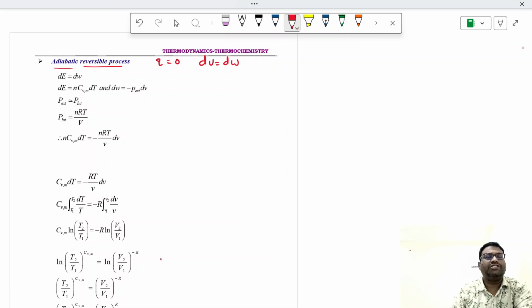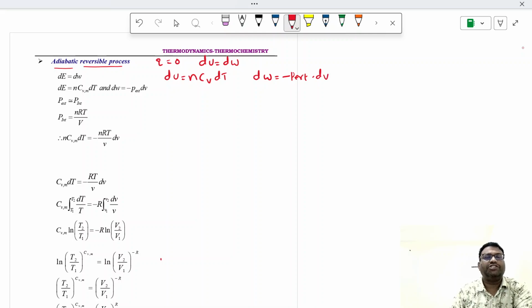A small change in internal energy is equal to small change in work. And we know that dU is equal to n Cv dT, Cv means molar heat capacity, dT is small change in temperature. And we know that dW is equal to minus P external into dV.